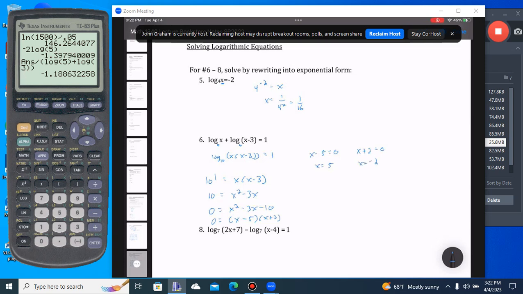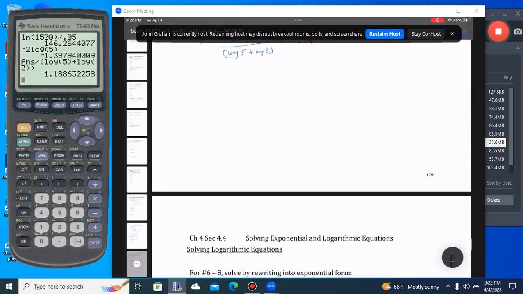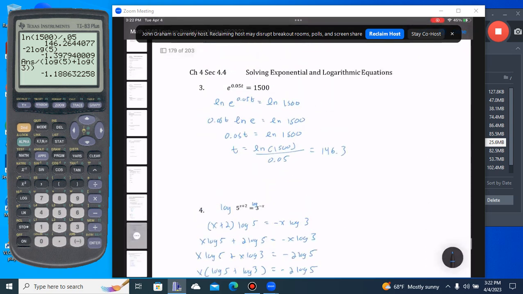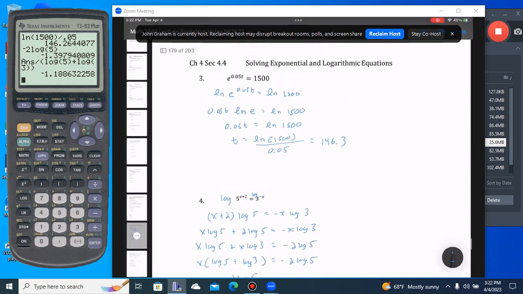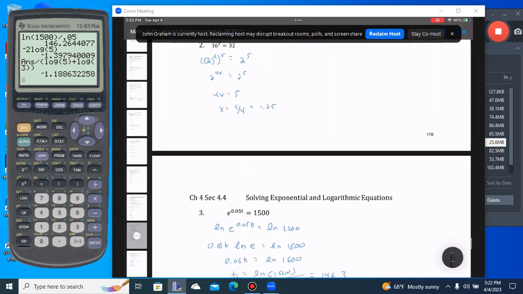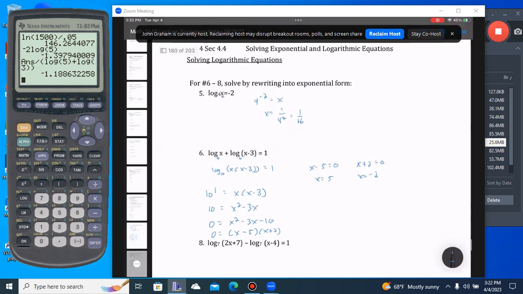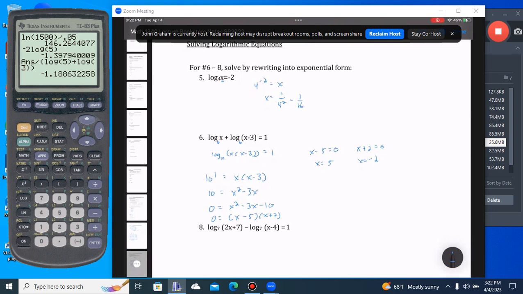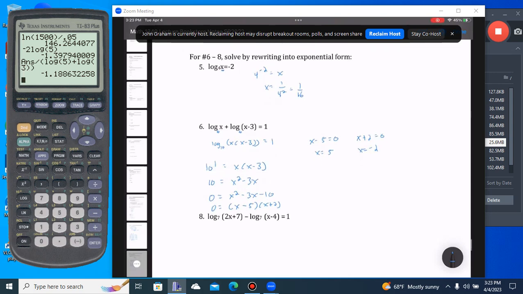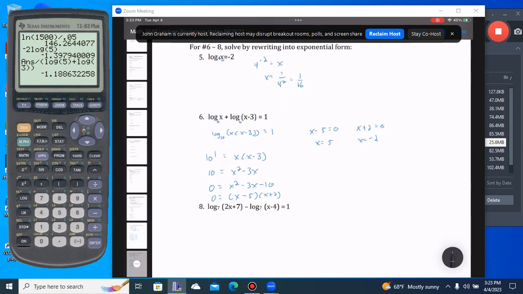This is one where you do have to be careful. Before, we haven't really had anything like this because we had exponential forms for the previous ones. And then the last log form was just a straight log, so it wasn't a problem. This one, we have multiple logs here, so we have to make sure these values work.